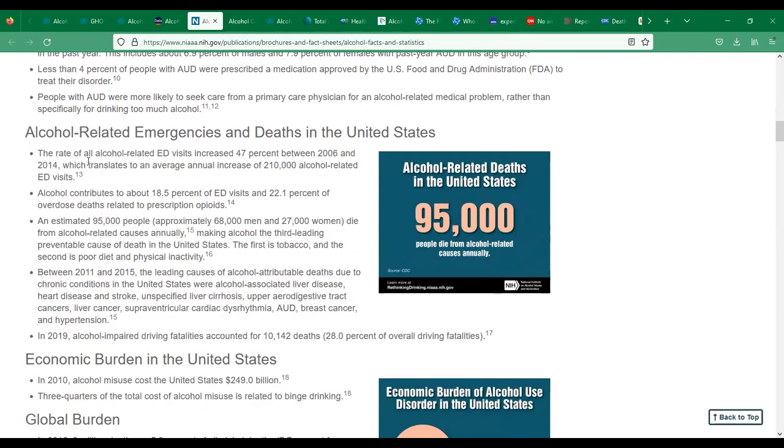We need to look at the rate. 18.5% of ED visits and 21.5% of overdose deaths related to the prescription.